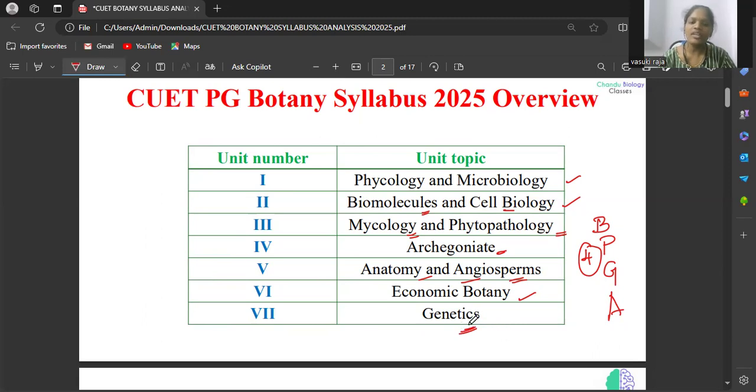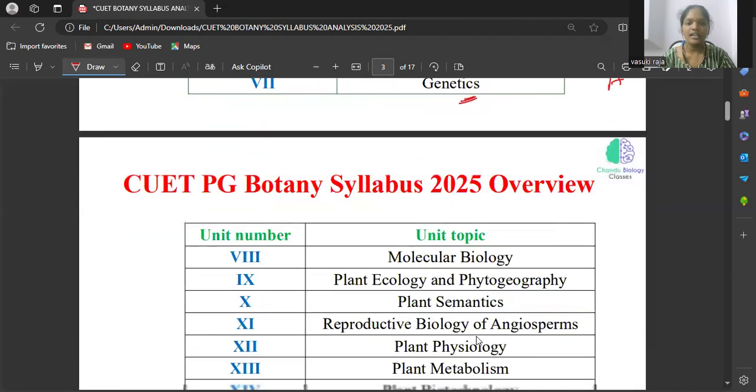Genetics is a topic we see in both zoology and botany. In zoology, genetics is completely about animals, but in botany it is related to plant genetics. So there will be a difference between botany and zoology regarding this topic, which will be discussed in detail in the class.